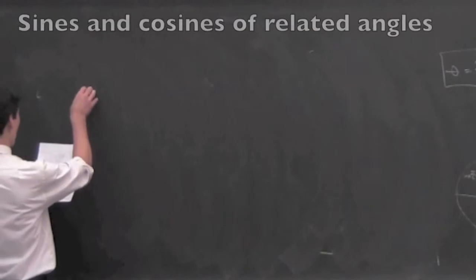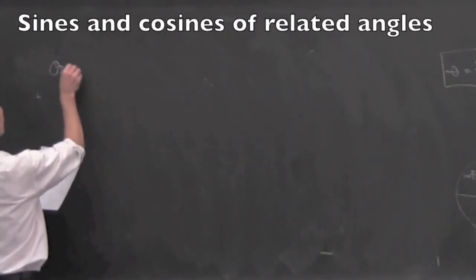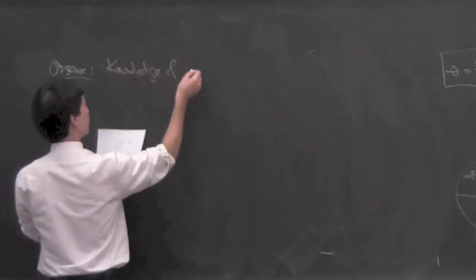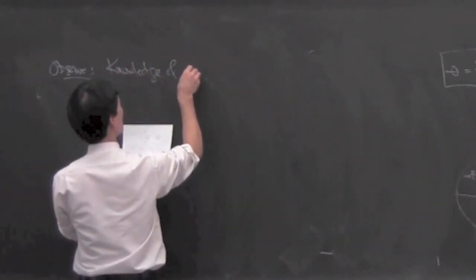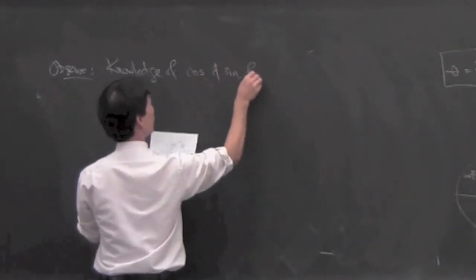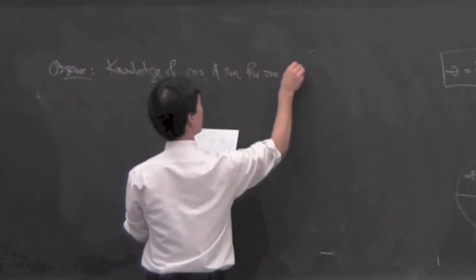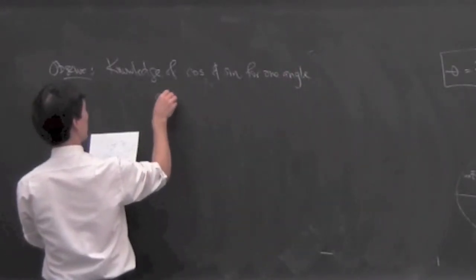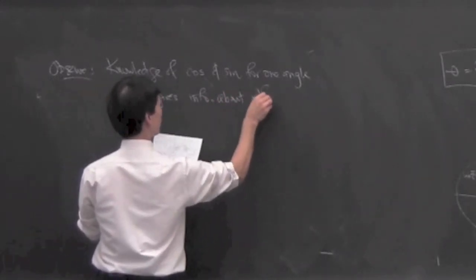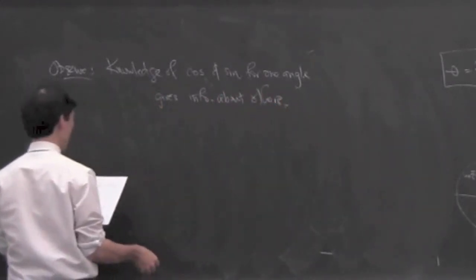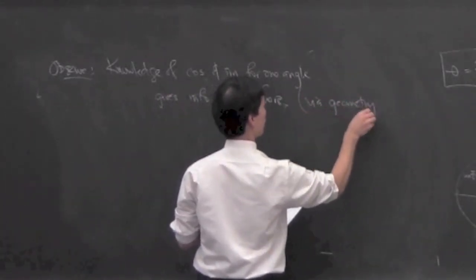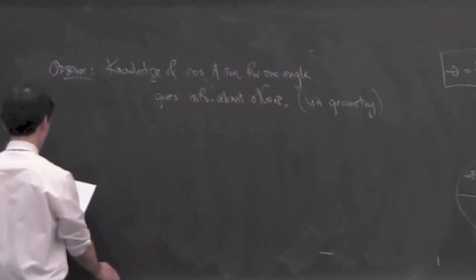Observe: knowledge of cosine and sines for one angle gives us information about other angles, again by using geometry.